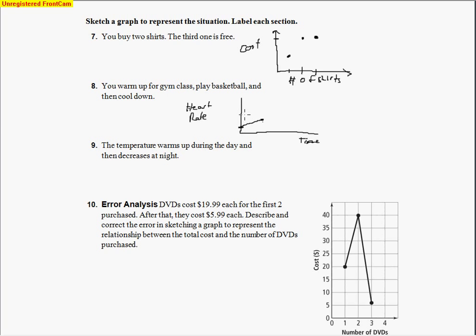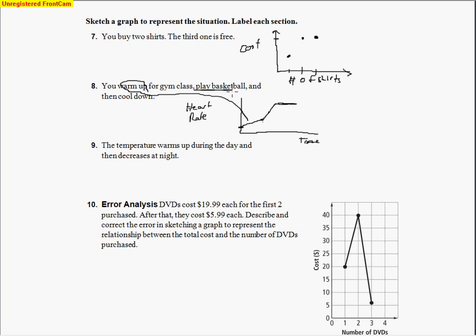And so this is the warm up right here. This represents the warm up. Then we start playing basketball. So that means our heart rate's probably going to go up a little bit faster. So it's probably going to do something like this. And then we'll probably reach a certain point and then level off and kind of maintain that fast heart rate for a while.